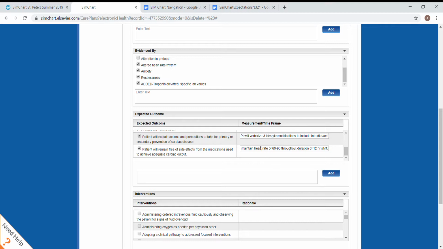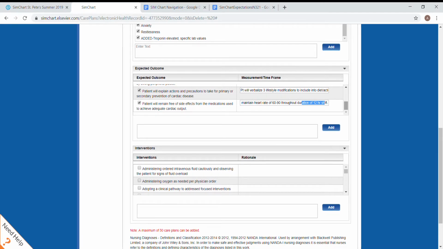So 60 to 90 is my measured, and then my time frame is my 12-hour shift. Okay, so hopefully that makes sense.